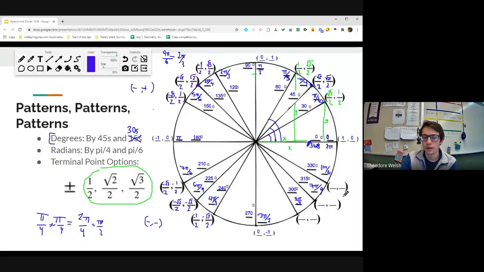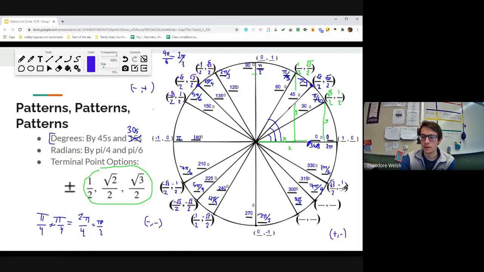Lastly, quadrant 4. In quadrant 4, we are positive in the x, negative in the y. But those terminal points will be the same. You just have to match up the correct signs. So here, 11 pi over 6 goes with negative root 3 over 2, 1/2. But instead, our x value has to be positive, so it's got to be positive root 3 over 2.